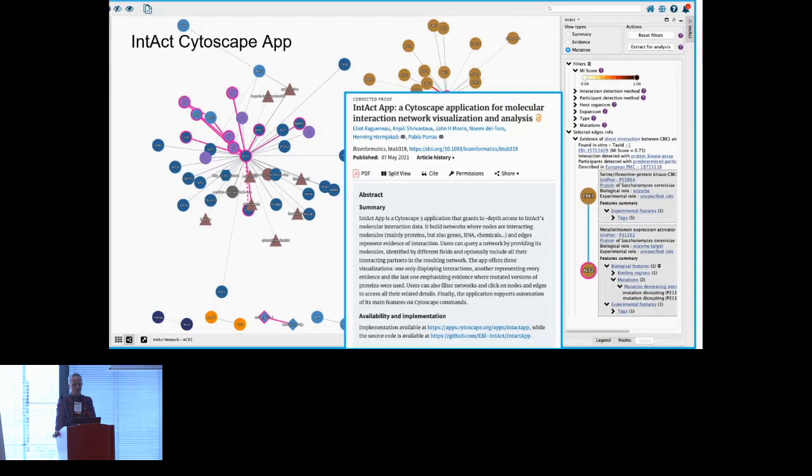If you want to go into even more detail, then you can use the Cytoscape app, which allows you to explore all of this interactively, and you can choose which features are displayed in the interactive Cytoscape display. And of course, you can then interact with all the other Cytoscape features.